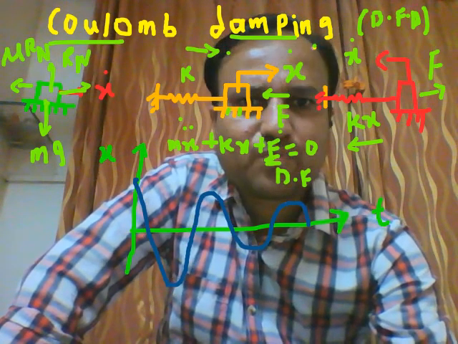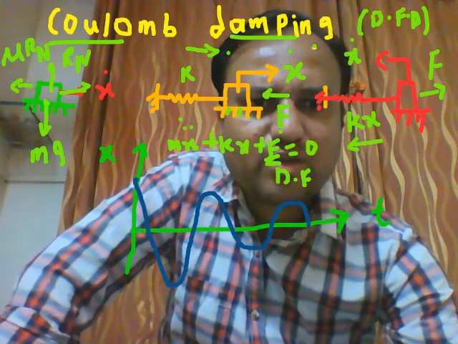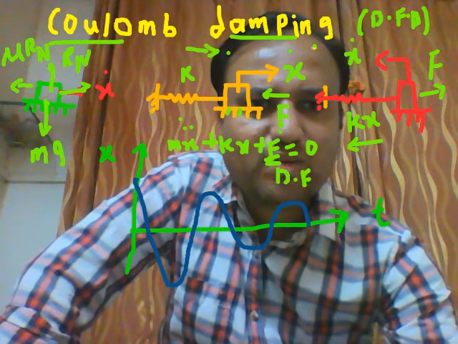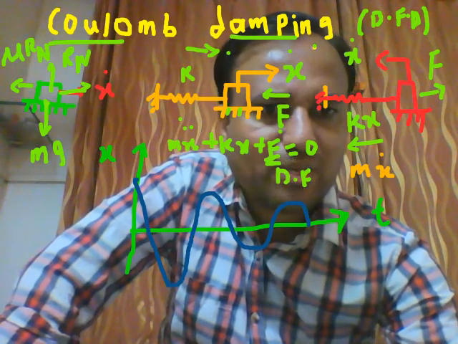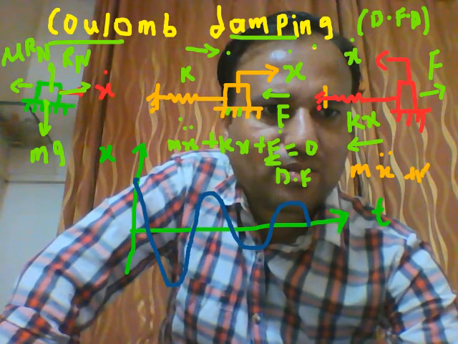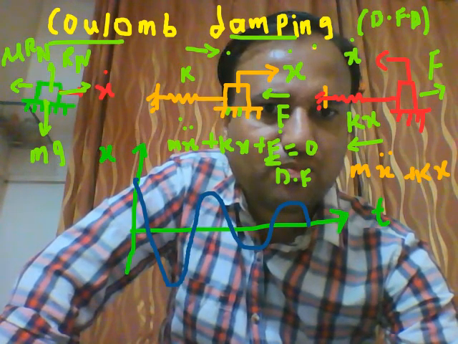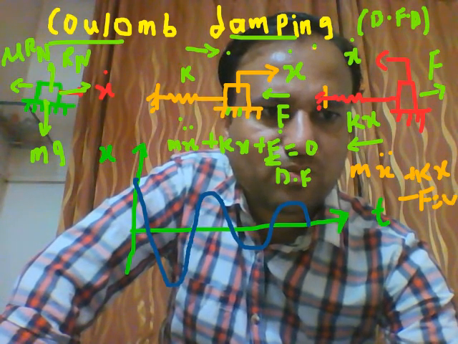So the equation of motion will be like this: mx double dot plus kx, student, minus F is equal to 0.